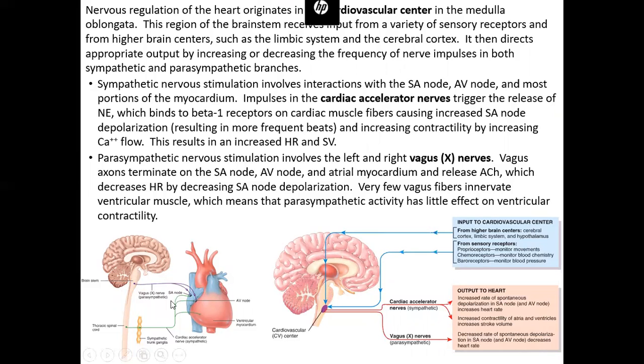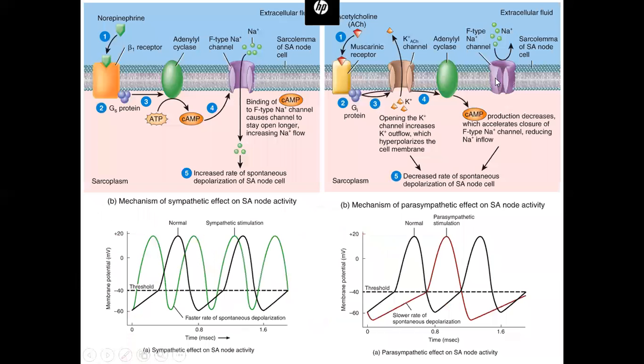Whereas the parasympathetic, by way of the vagus nerves that travel and terminate on the SA node, the AV node, and the atrial myocardium, triggers the release of acetylcholine. Acetylcholine is going to basically close those sodium channels, not completely, because we're still going to allow some to flow in because we can't shut the heart off completely.